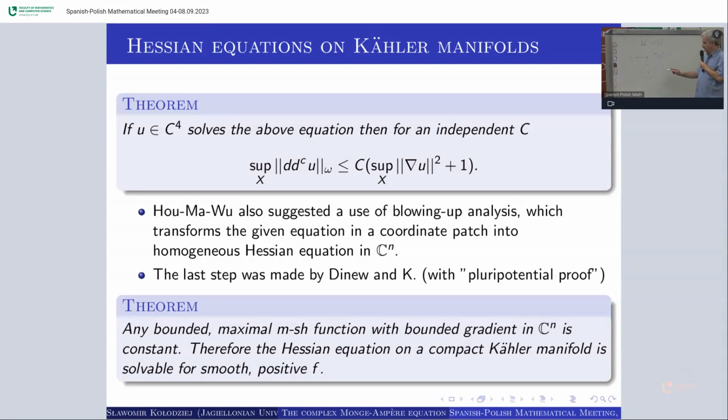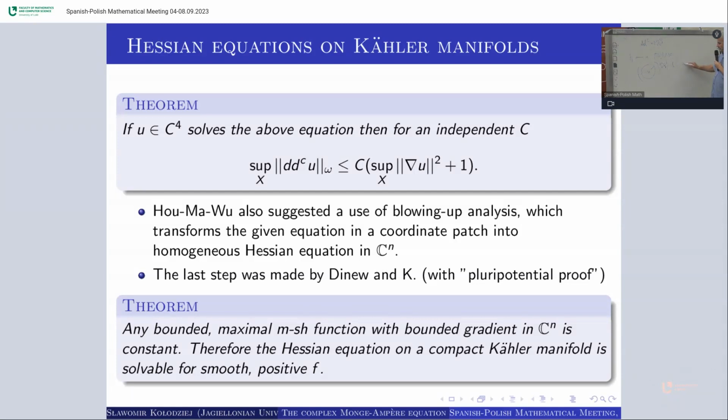And then what we do, we dilate this chart in such a way that in new coordinates, say we have now u_j tilde in new coordinates, those gradients have norm 1 all the time for every j. So we do it for every j, then the chart blows up to C^n, and in the limit, you have to prove that the limit exists.